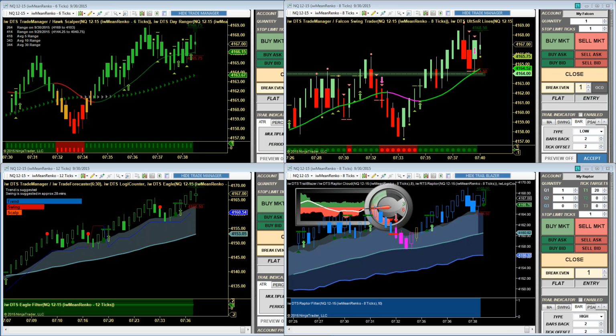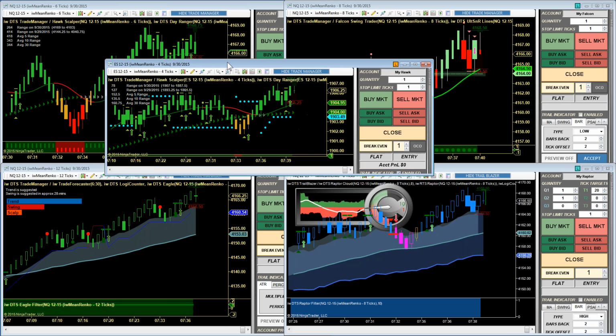The E-mini is always a little bit more subdued, I think, than the NASDAQ and the mini Dow. All right, so here's the E-mini on the Hawk micro scalper.